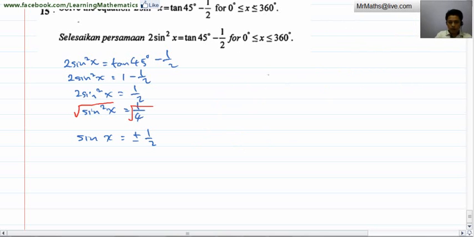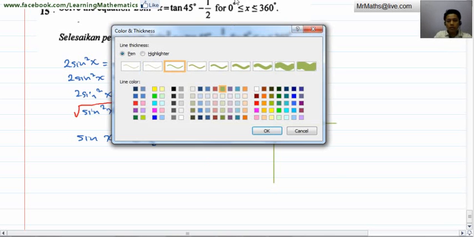Then let's take a look at the graph. I just sketch a graph. Then 30 degree, let me choose other color, let me choose blue color.